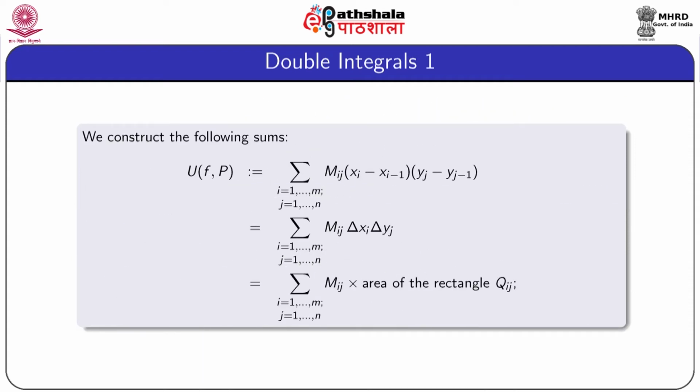We construct the following sums. First, U(f,P), here U stands for upper, equal to summation Mij multiplied by length of the ith subinterval along x and jth subinterval along y. So, it is summation Mij delta xi delta yj, that is summation of Mij multiplied by area of the rectangle Qij.